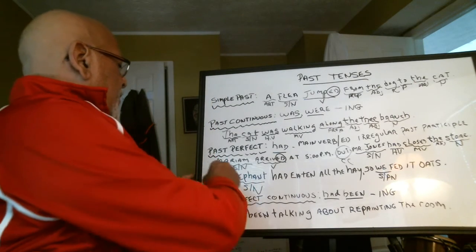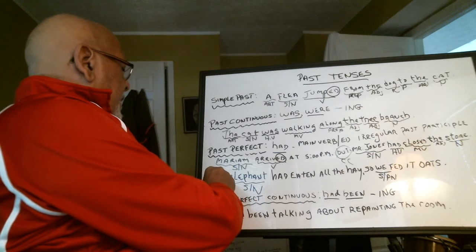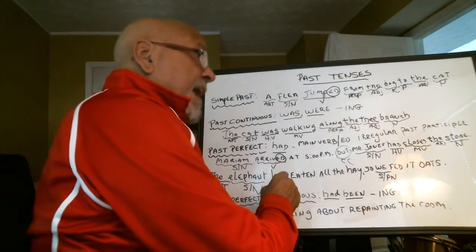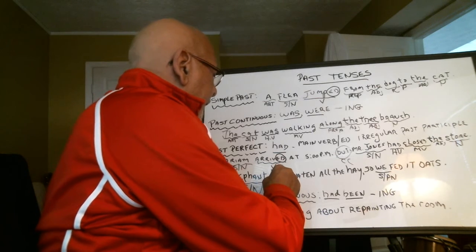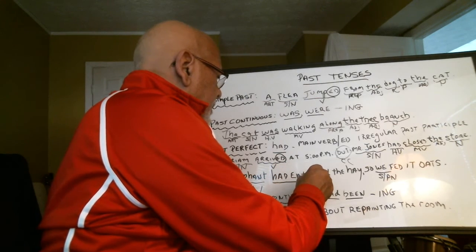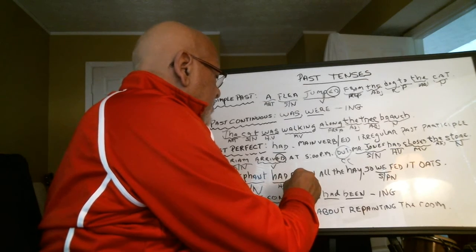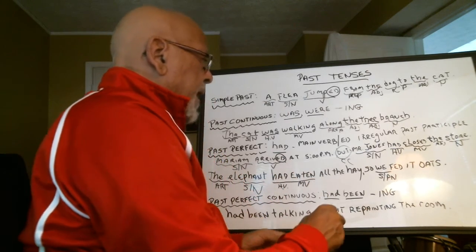The elephant, the is an article. The elephant had eaten. Helping verb, had. Eaten, main verb. Past participle.